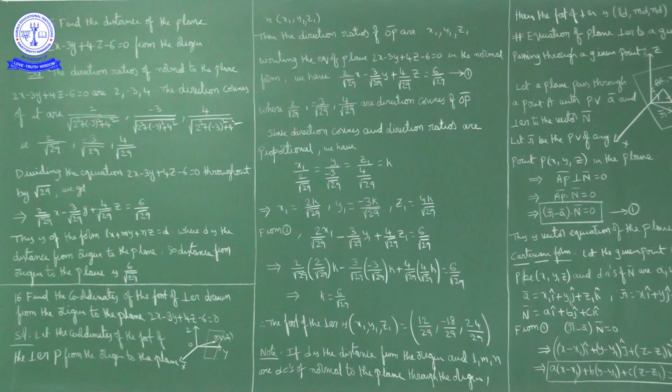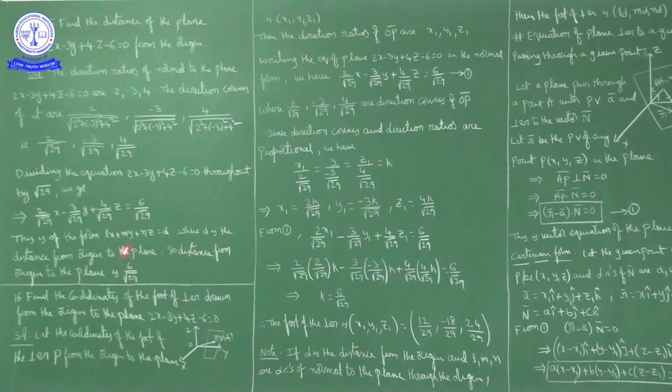Now I will write this plane equation in normal form, means I will write this plane equation as Lx plus My plus Nz is equal to D form.